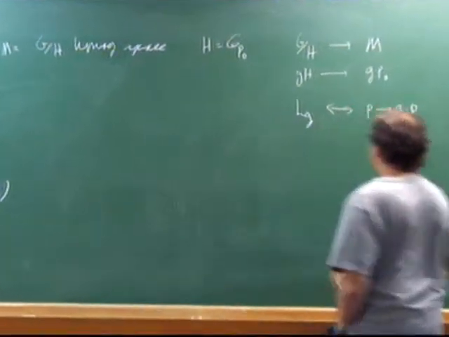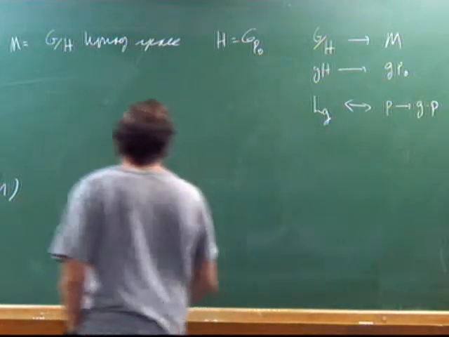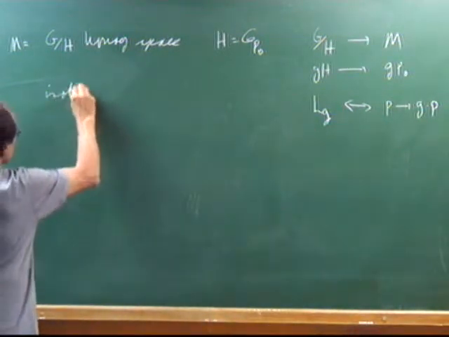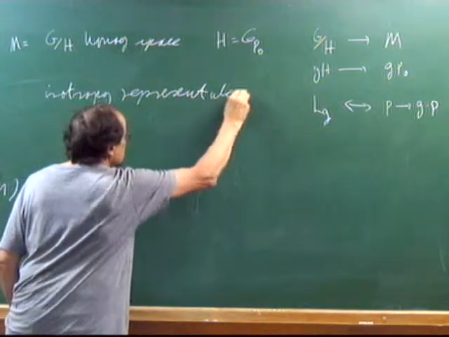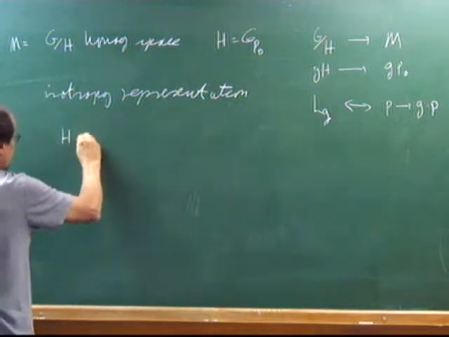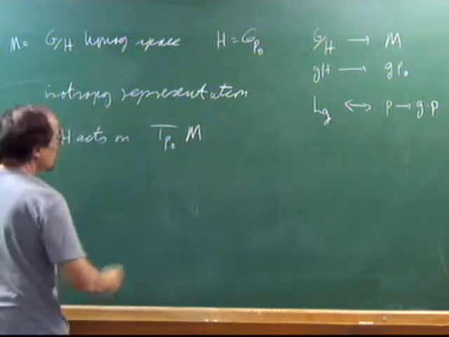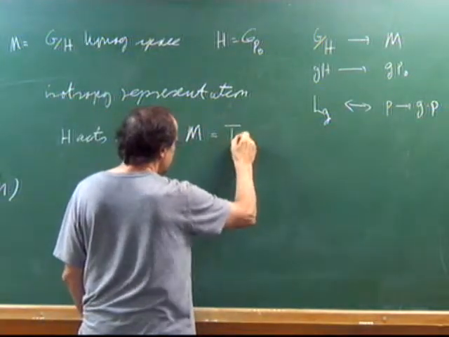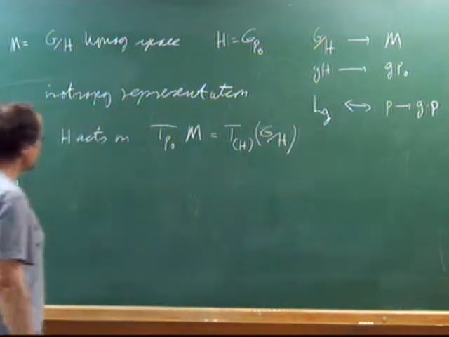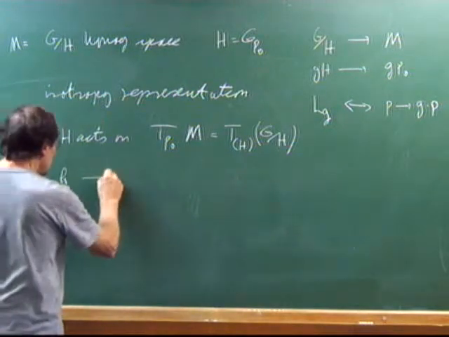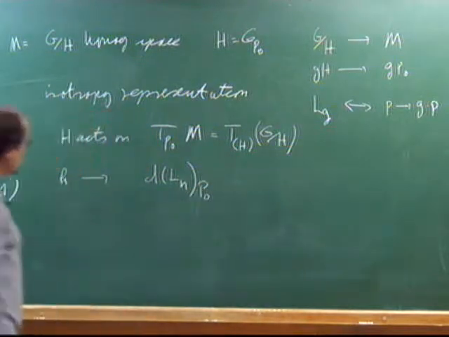So we have this dual way of looking at acting on the manifold. And then we had what we call the isotropy representation, which says that H acts on the tangent space at the point P0. Which, remember, another way of thinking of this is the identity coset of the homogeneous space G mod H. It takes h into the derivative of left translation by h at the point P0.